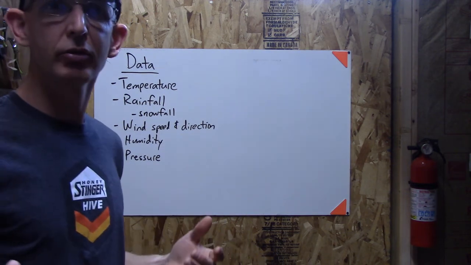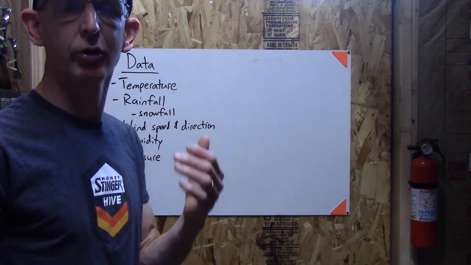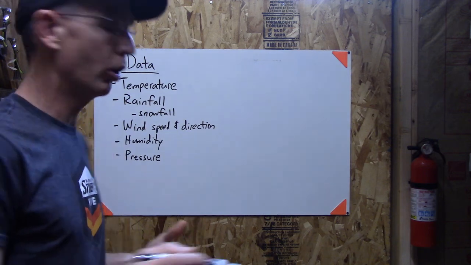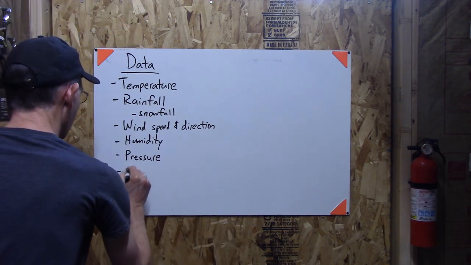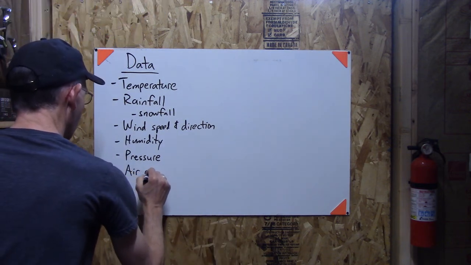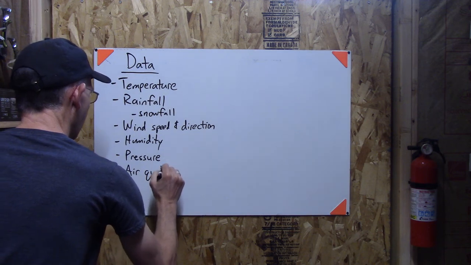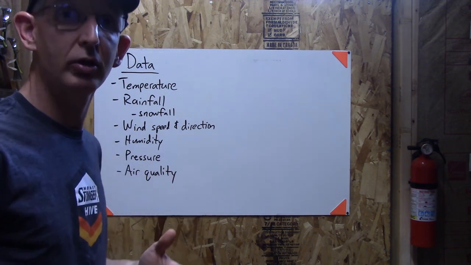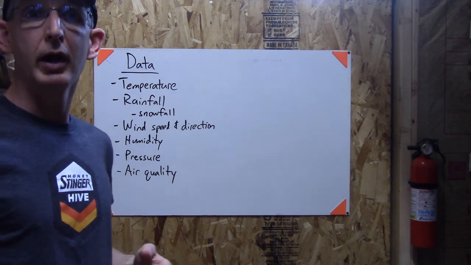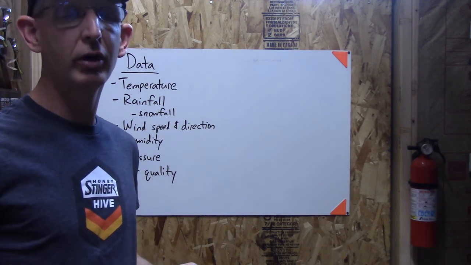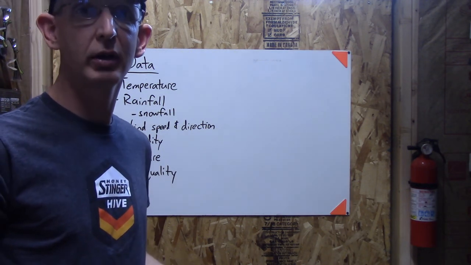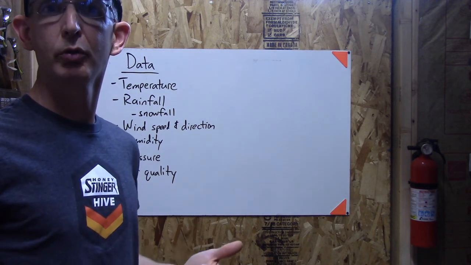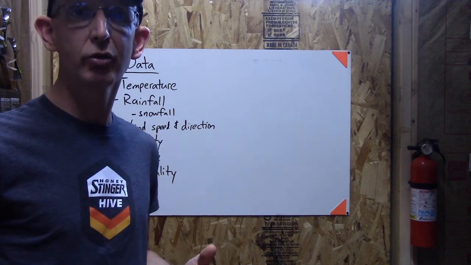And then other things that are of interest, especially right now with our current fires, are air quality measurements. And you've probably seen a lot of this in the news. Right now our air quality in Colorado is fairly unhealthy. We have a lot of particulate matter, and these are usually reported in terms of the size of the particulate.